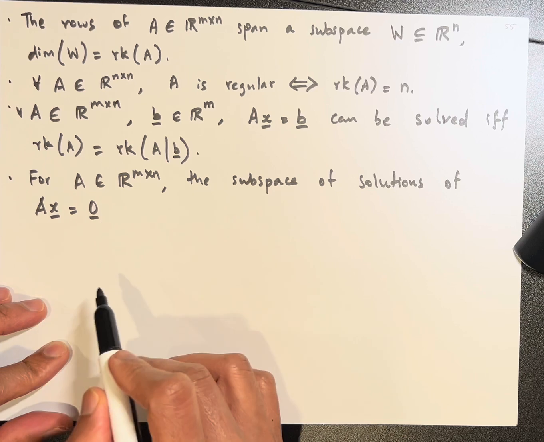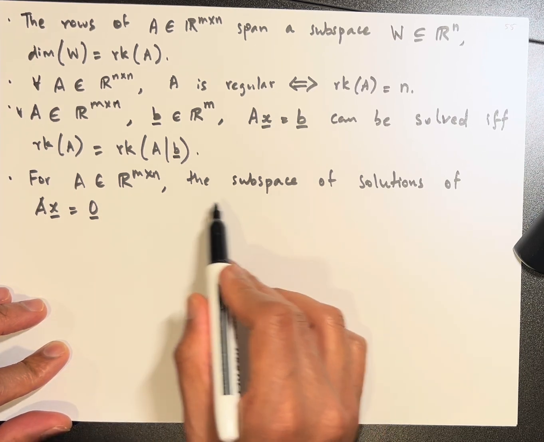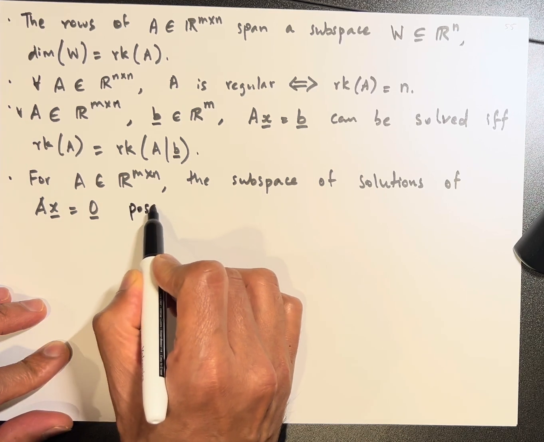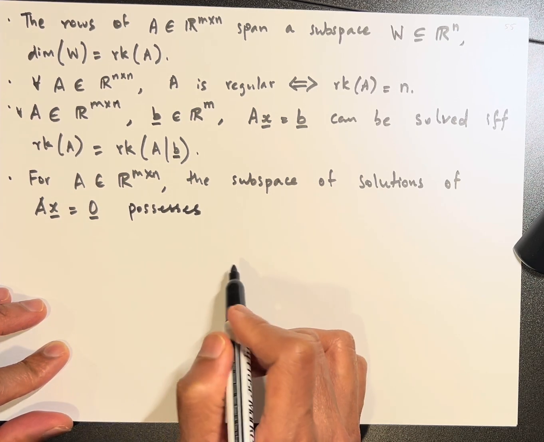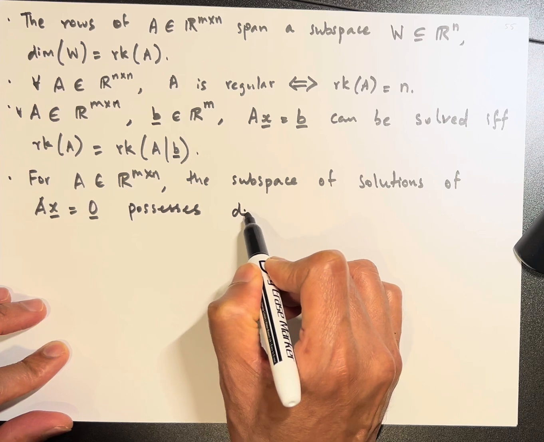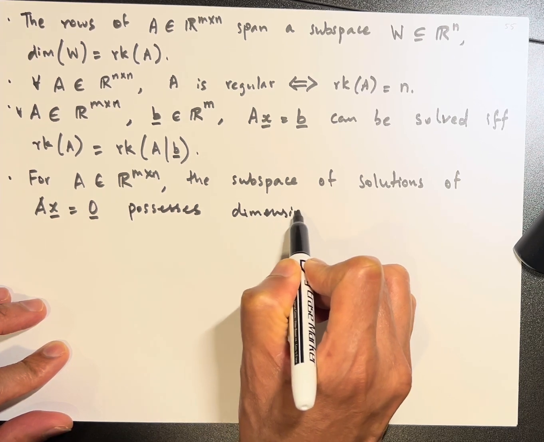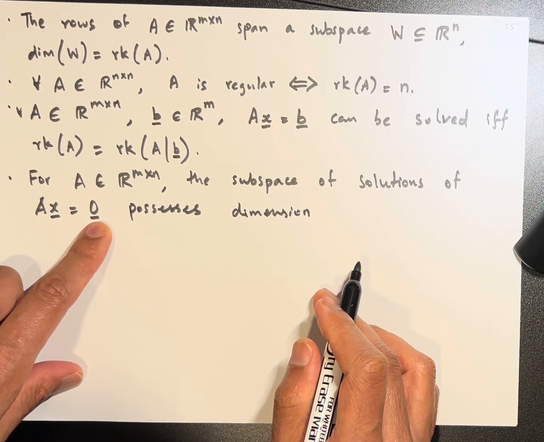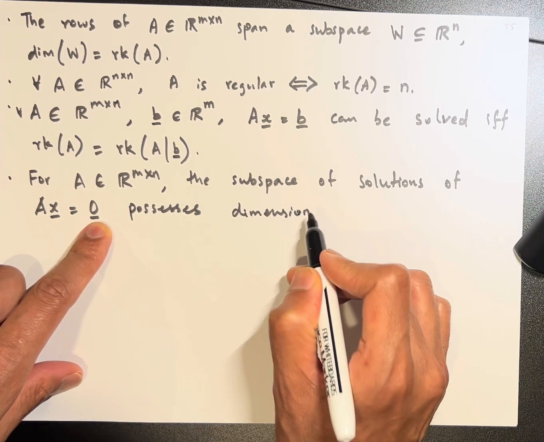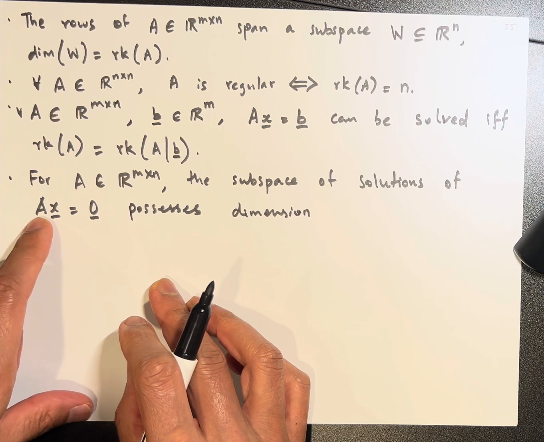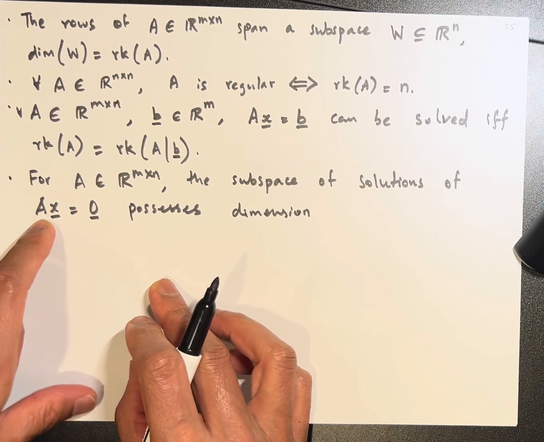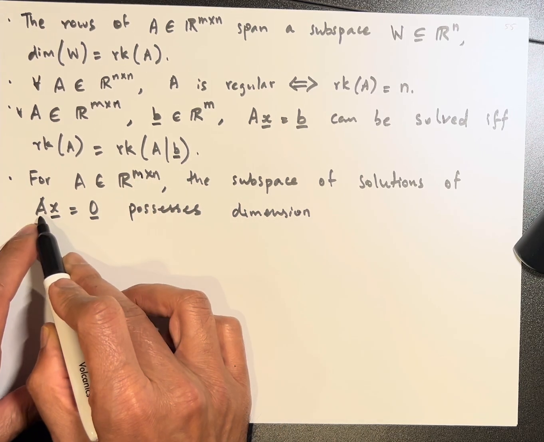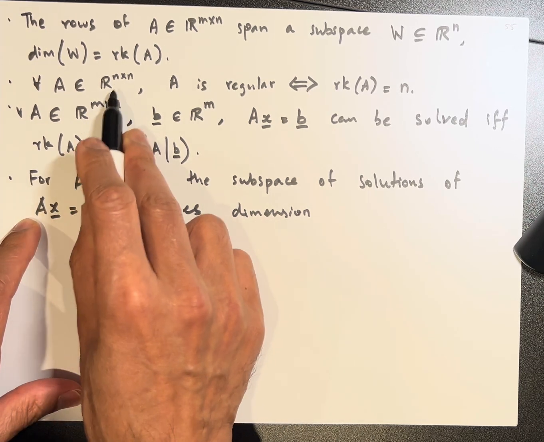So now we look at the same thing, but now we are interested in the dimension of this. Think about it, Ax equal to 0, and the rank of A is there. In the simple case, let's say A is an n by n matrix and it's regular.